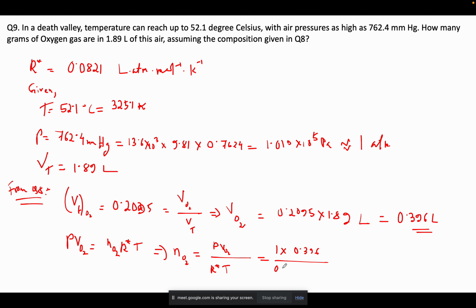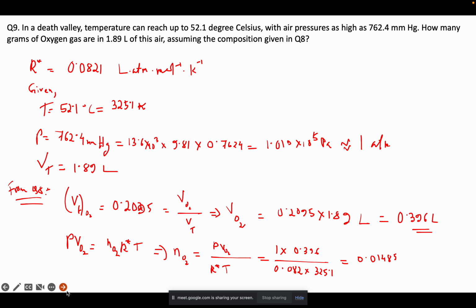R* is 0.082, and temperature is 325.1. So the number of moles is 0.01485.